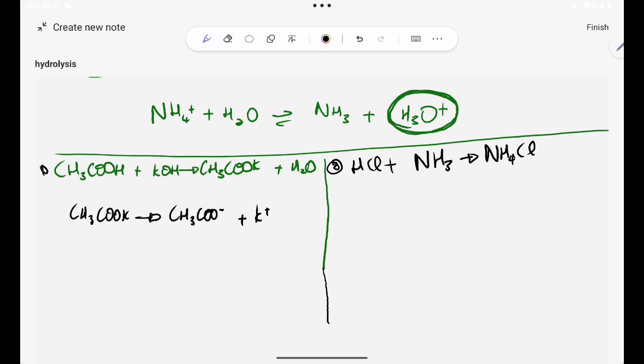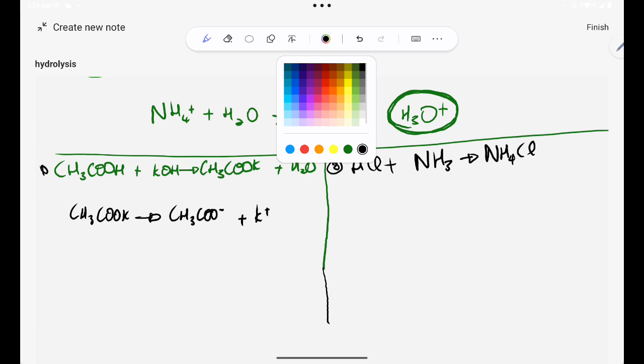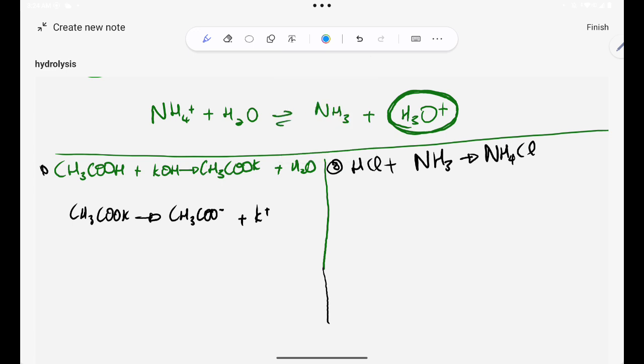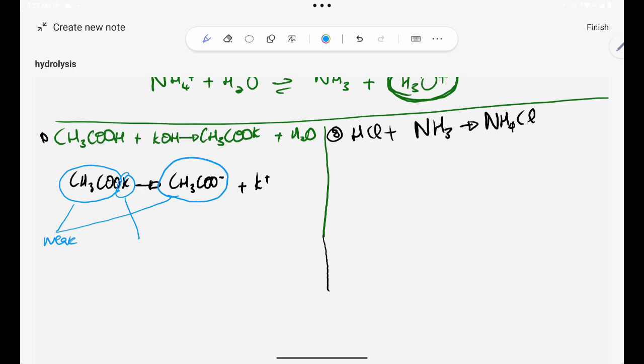Remember, for me to get this type of salt, I've mixed a strong base and a weak acid. Potassium hydroxide is a strong base, no? So this one is a weaker substance between the two, and this one is a stronger substance. The one which is weak will always give me a strong conjugate ion.